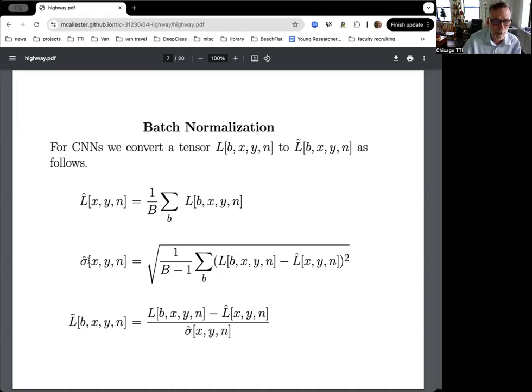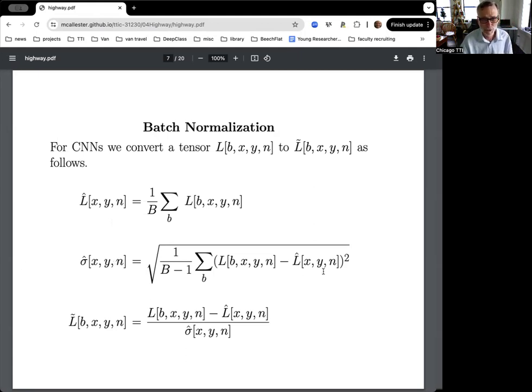And I'm going to compute a standard deviation. This is a mean. This is the mean value of the neuron across the batch. Particular neuron, its mean across the batch. I'm going to take a particular neuron and compute its standard deviation across the batch. How much does it vary?